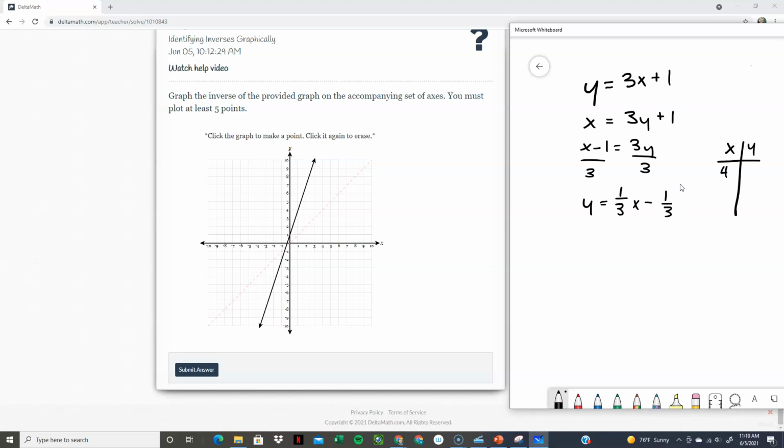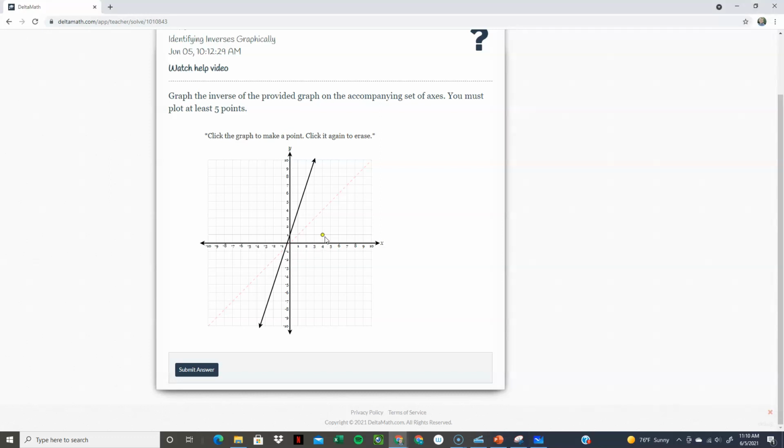If we plug in 4 for x, then we get y equals, this becomes 4/3. And I did this because I want to get this 4/3 minus 1/3, which is 3/3, which equals 1. So that is one coordinate. We can plot 4, 1.